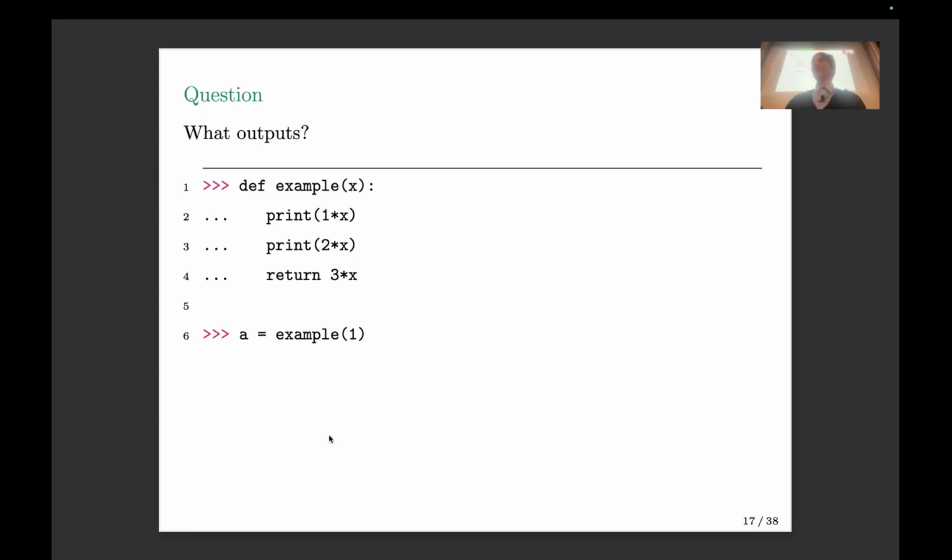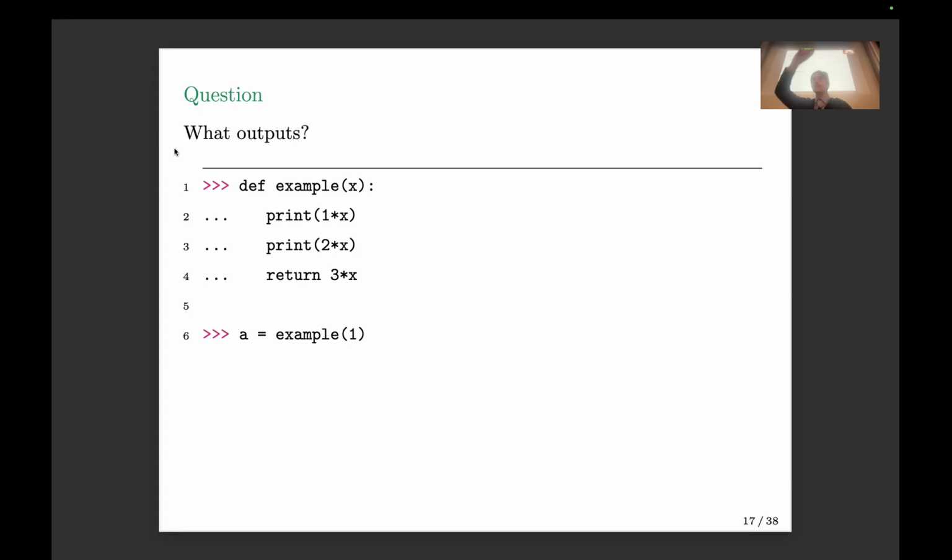And this is not mysterious. In this course, all you have to do is just go line by line. Just act like Python. Nothing is ever going to be confusing, really, if we can just act like Python. So Python says, at line 1, I need to load an instruction set into memory and call it example. So there's now an instruction set called example in memory. At line 6, it goes, user wants me to store in A the outcome of passing example instruction set the input 1.